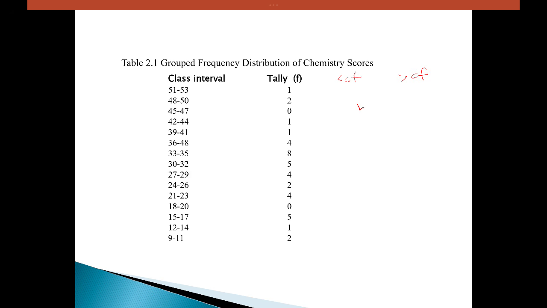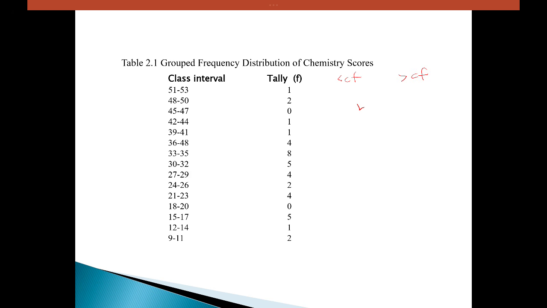Here you can see this is what we did a while ago, the group frequency distribution of chemistry scores. For cumulative frequency, you just create the normal group frequency distribution table, and then you add another column for your less than cumulative frequency and your greater than cumulative frequency.